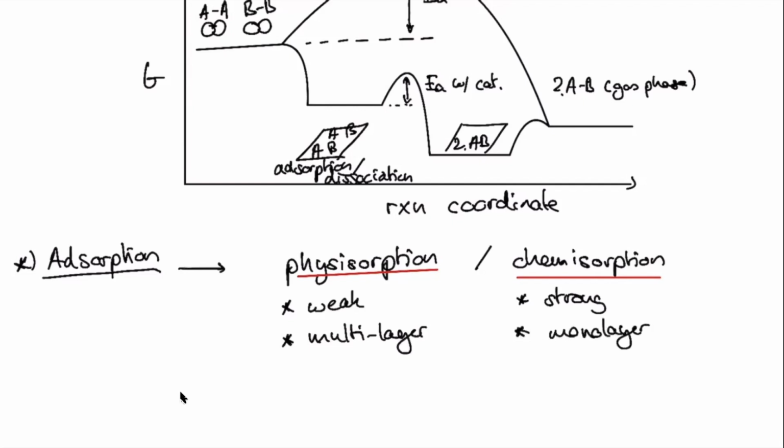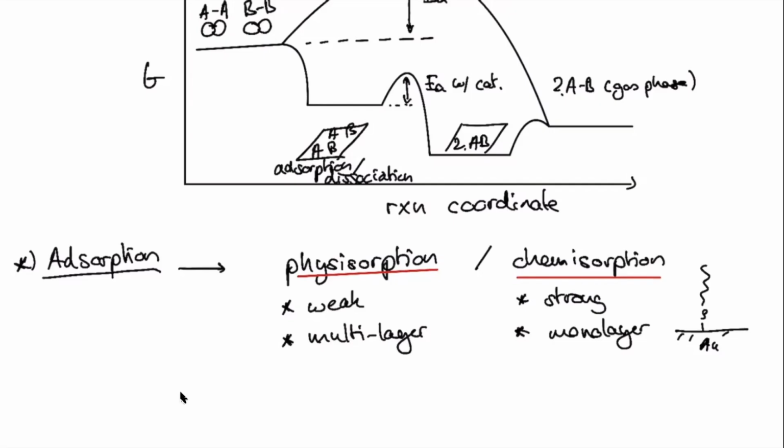As the word sounds, with chemisorption you have to do a chemical interaction or reaction with the surface. So let's say you have a surface, and let's say this is gold. You probably know that thiols can make a covalent bond with gold. So you could have a thiol-gold interaction.